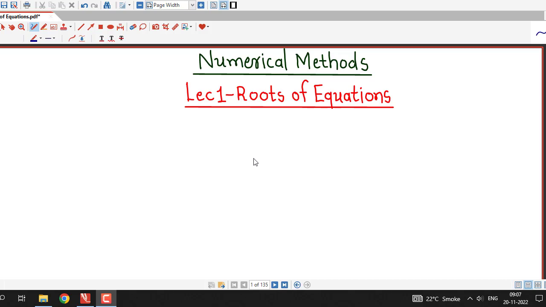From this lecture onwards, we are going to discuss numerical methods for solving roots of equations.